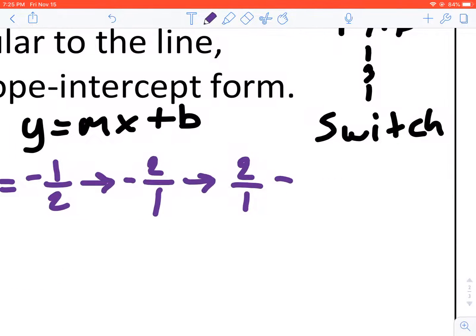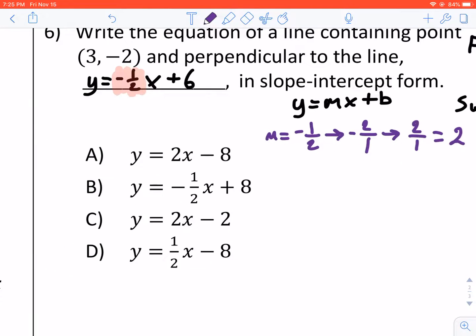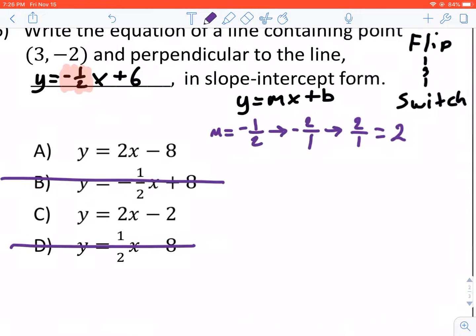Another way of writing 2 over 1 is just 2. So your slope that you're supposed to be writing in there should be 2. So next to the x, there should be a 2. Can we cancel out some answers doing that? We sure can. We can cancel out b, and we can cancel out d. So we've already made our shot 50-50, which is pretty good odds.